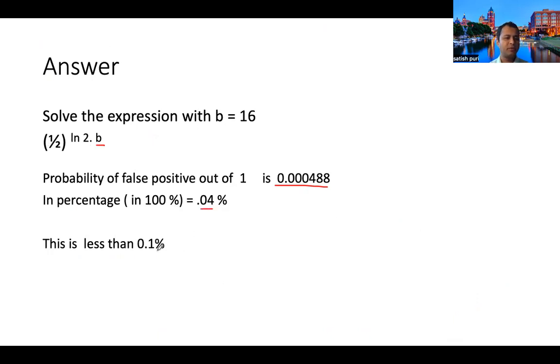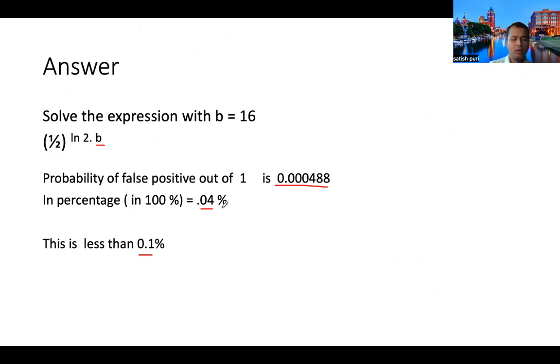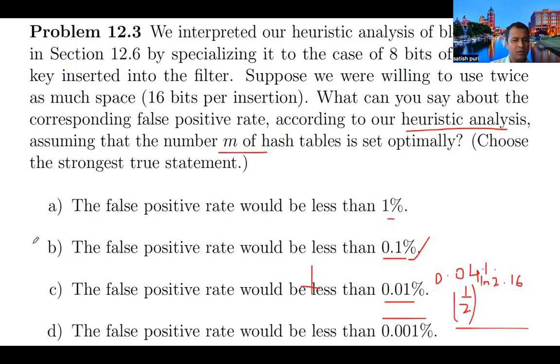And 0.04% is less than 0.1%, so this one is correct. But for 0.01%, our answer came out to be 0.04%, which is higher, so this will not be the case. All right, so the answer is B.